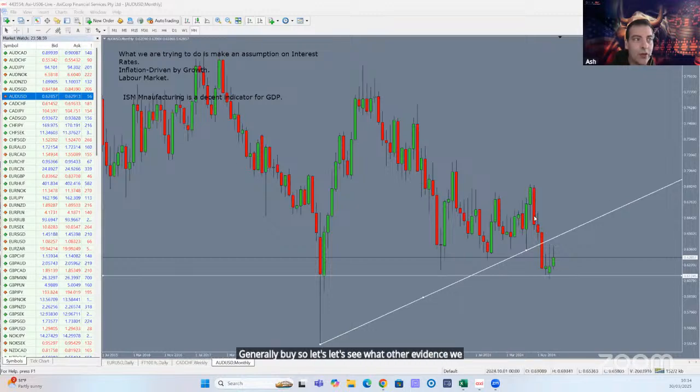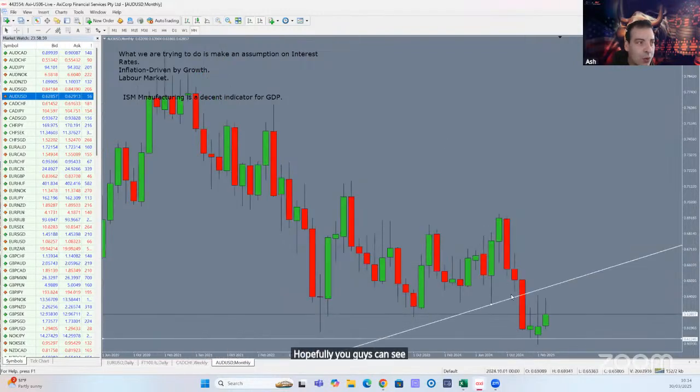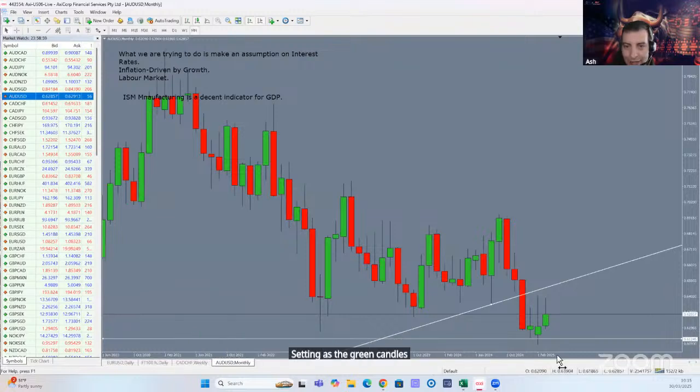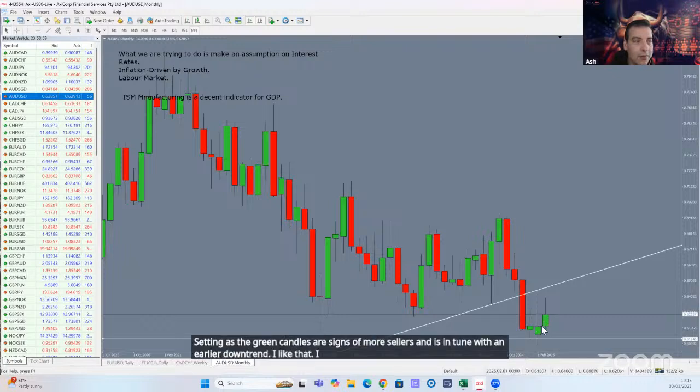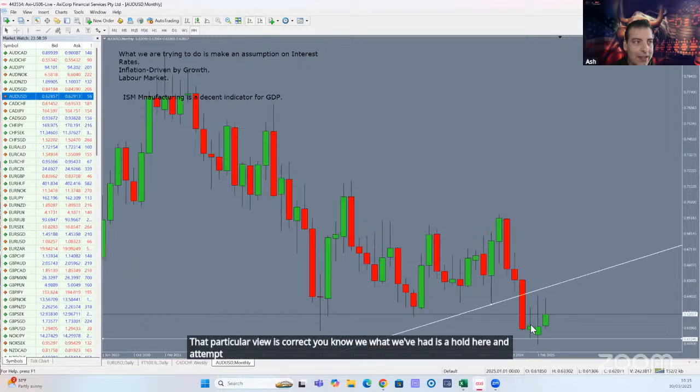Now, so far, if we look at this monthly chart, hopefully you guys can see it nicely enough. We have got a one to two month bounce off this low so far. But when it tried to bounce, and this is the way that we're going to interpret these bars now, selling as the green candles are signs of more sellers and is in tune with an earlier downtrend. I like that as well. That particular view is correct. What we've had is a hold here, an attempt to push up, but a failure to push up.